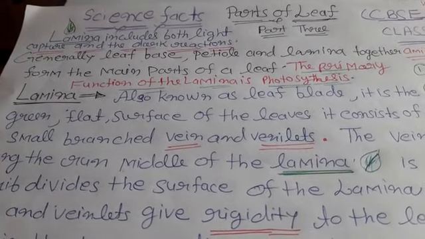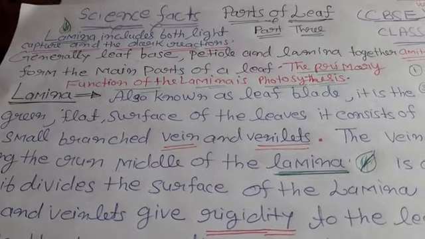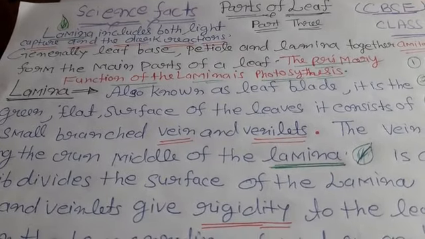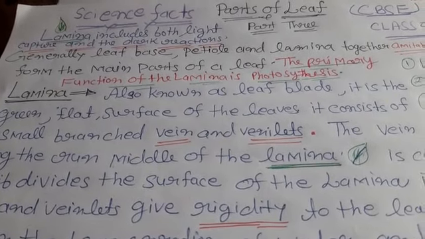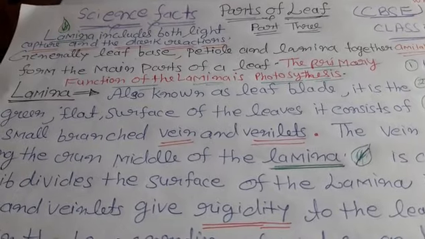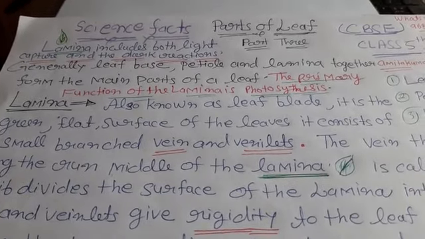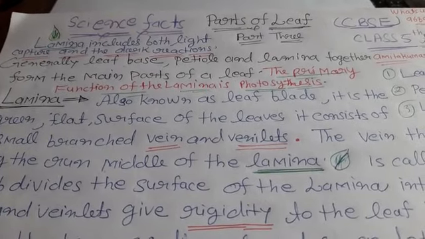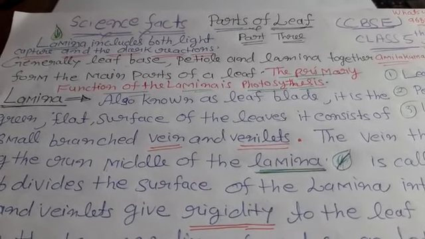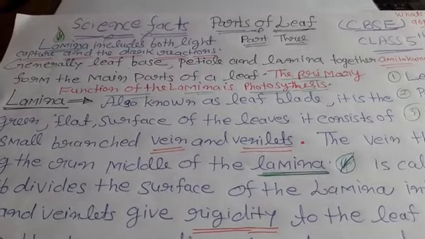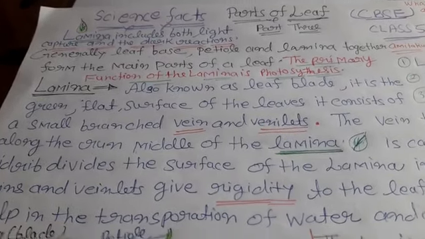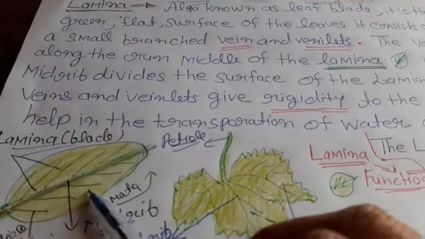The lamina's main functions occur in the photosynthesis process. Photosynthesis takes place on the lamina surface, and the lamina also captures sunlight on its surface. It has small branches called veins and veinlets.